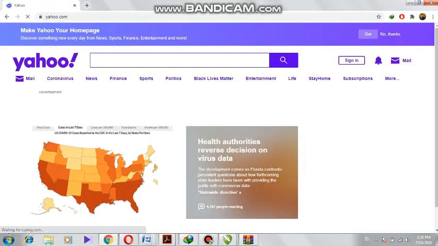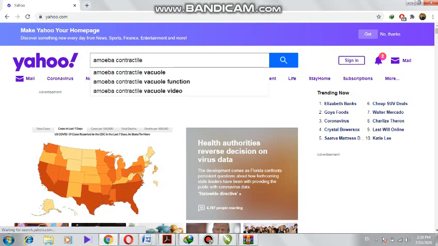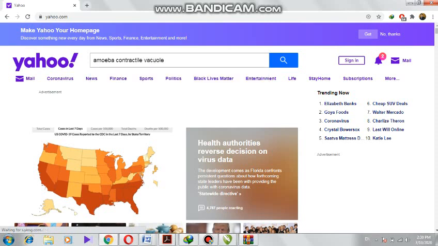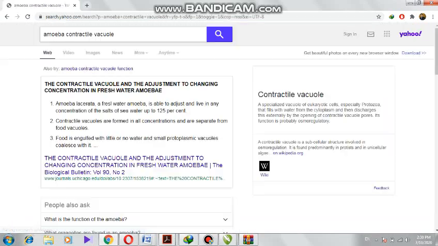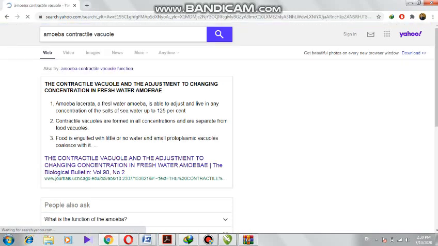Let us go to the amoeba. Amoeba has a contractile vacuole. Who has a contractile vacuole? Amoeba has a contractile vacuole.